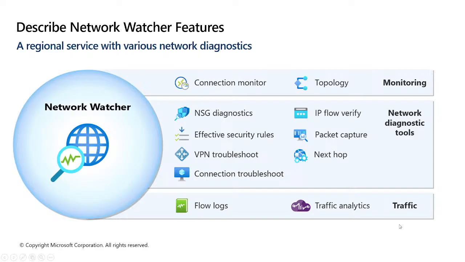We have something for the traffic, just for you to check the logs, like the flow logs. With IP flow verify you're just checking the flow, but with this one you can see the logs, how the particular IP flow is moving, and also the traffic analytics. You want to analyze why traffic is coming in or going out of your platform.